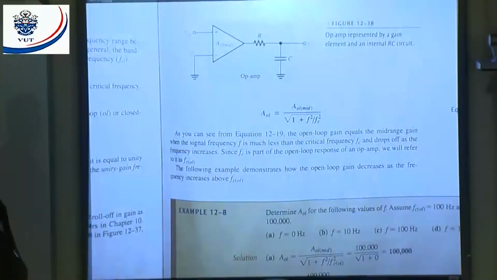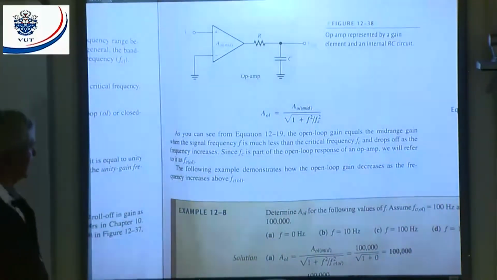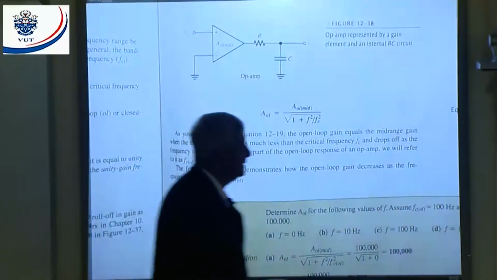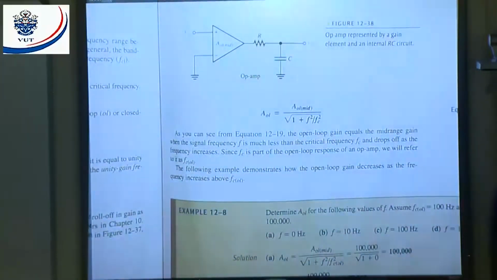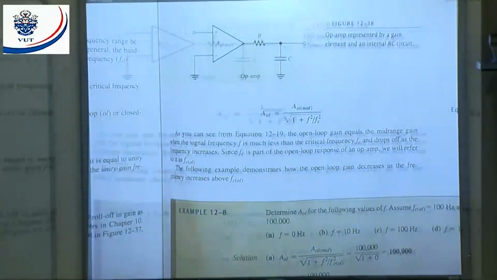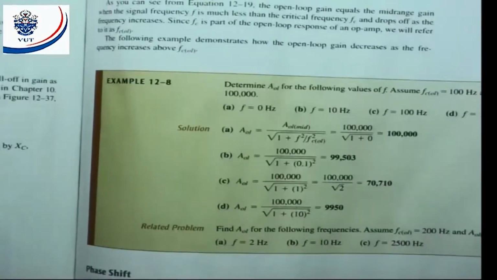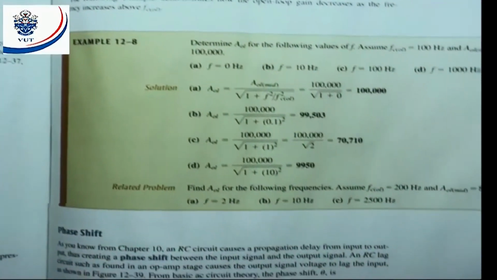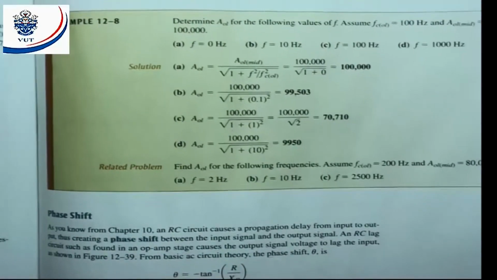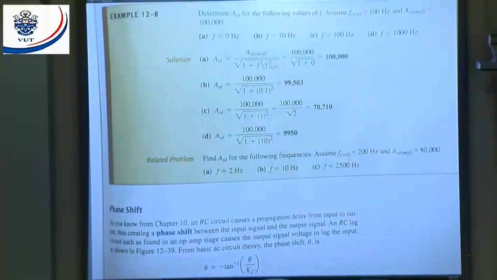All right, and here they're going to give us an example, example 12.8, to illustrate that for different frequencies. They say determine the open loop gain for the following values of F. Assume that FC open loop is equal to 100 Hertz and the open loop mid-range is equal to 100,000.